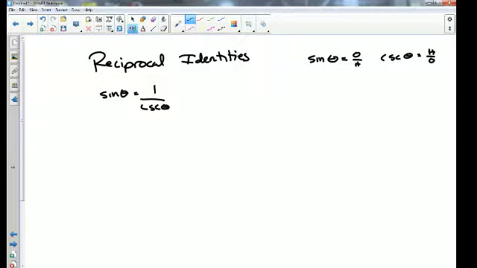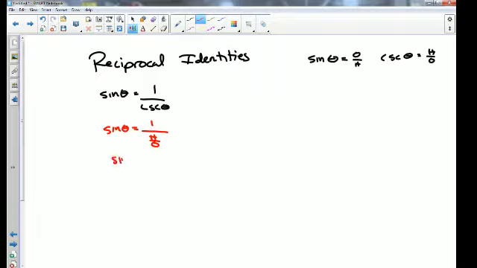Okay, we know that, so here's your sine theta equals 1 over cosecant. So cosecant is hypotenuse over opposite, right? Yeah. Okay, so I've just changed cosecant to hypotenuse over opposite using an identity. Now we fraction math it, right?